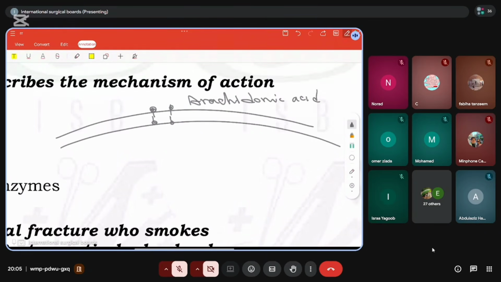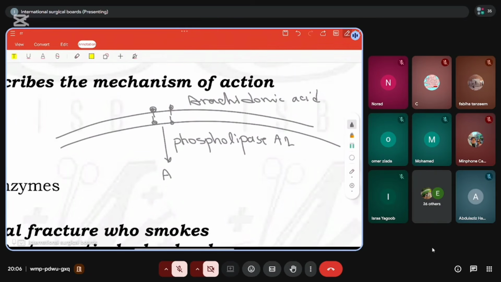Now, arachidonic acid is the precursor from which many of the inflammatory mediators are made, specifically eicosanoids, which are prostaglandins and leukotrienes. So first we need to extract the arachidonic acid from the plasma membrane. This is the role of phospholipase A2. That will release the arachidonic acid from the plasma membrane.